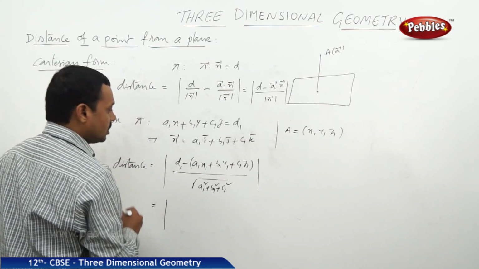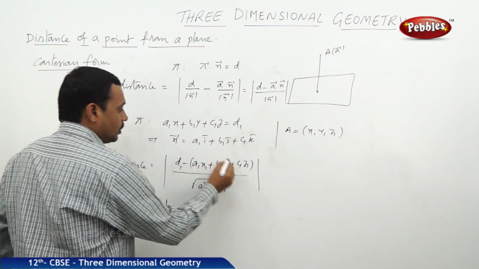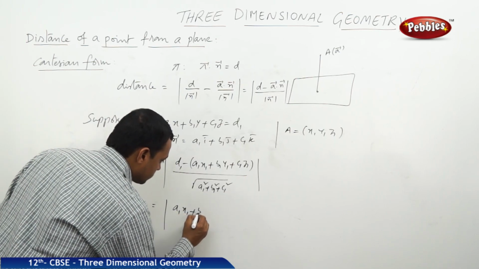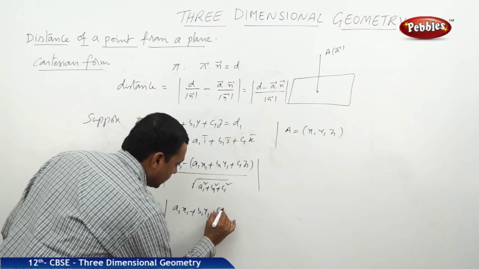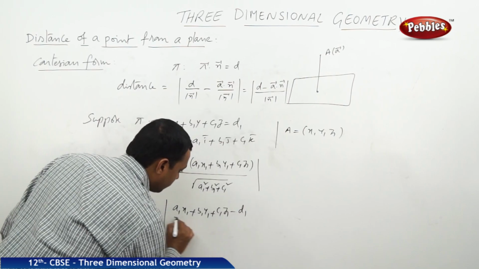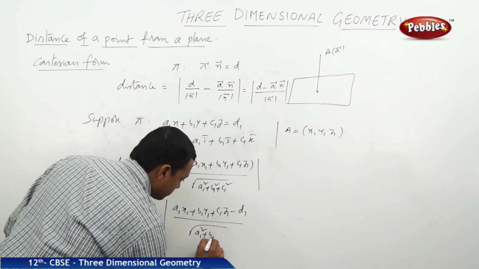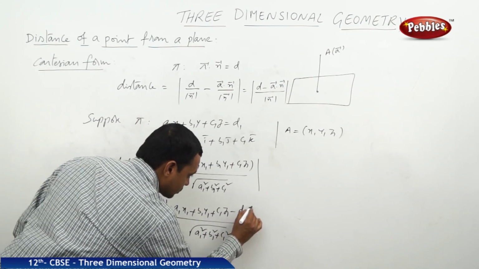Now this is modulus of, while taking minus common, a1x1 plus b1y1 plus c1z1 minus d1 by root of a1 square plus b1 square plus c1 square.